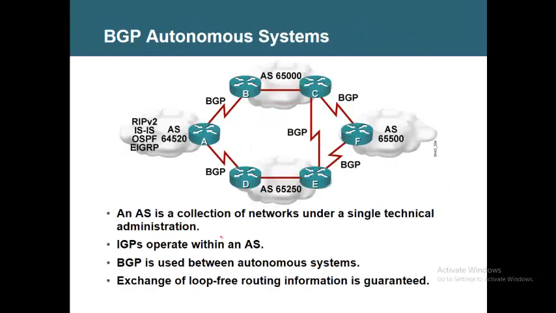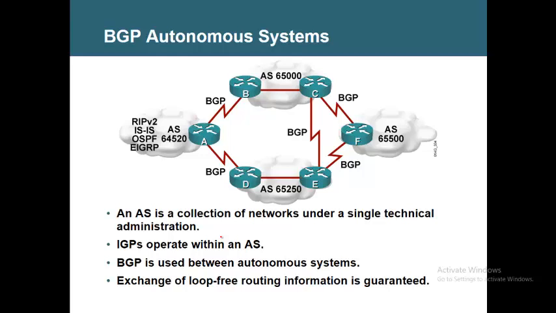Now, BGP is the protocol that works between autonomous systems. First of all, we need to understand what an autonomous system means. An autonomous system is a collection of devices having a common control plane, managed by a single administration. A collection of devices that work for an organization forms an autonomous system.